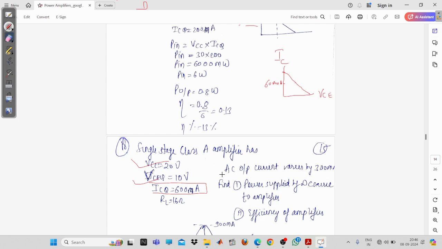Now, what does it mean? Normally you have to place your AC output current onto the DC operating point. So this is the reference, that is 600 milliampere, and you have to superimpose the AC output current above it, placing this AC signal symmetrically.